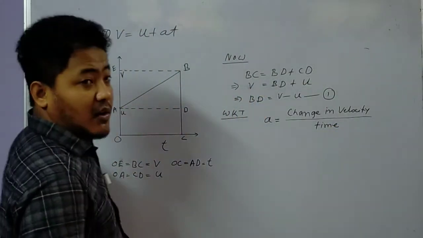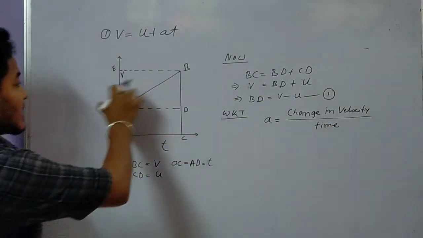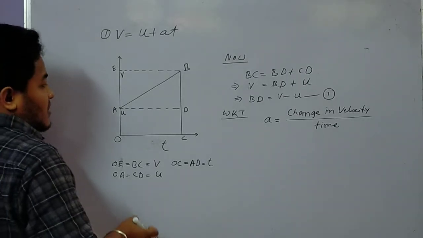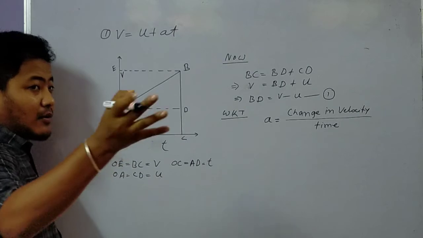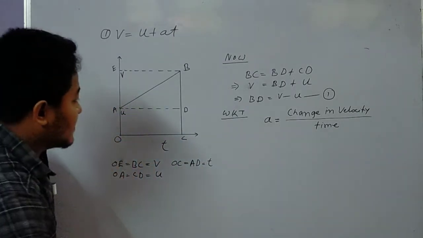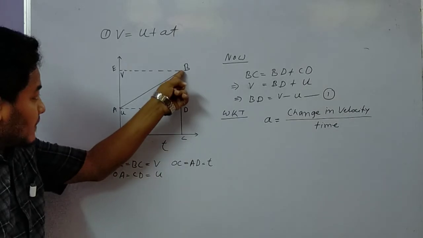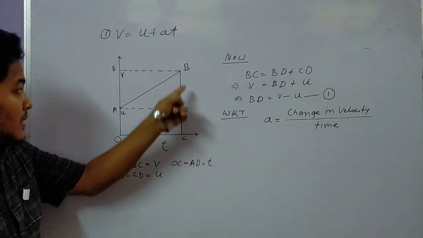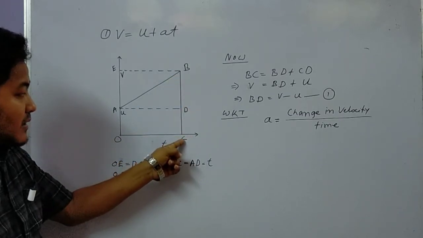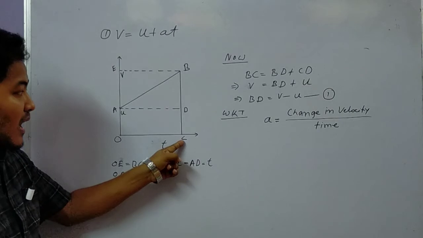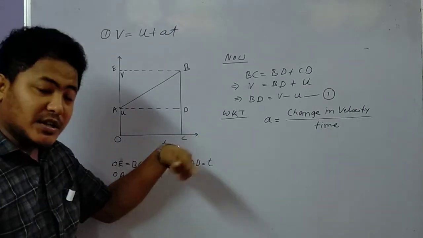This is the formula of acceleration. Now in this diagram, which is the change in velocity? Velocity has changed from one point to another. BC is your final velocity, and CD is your initial velocity.